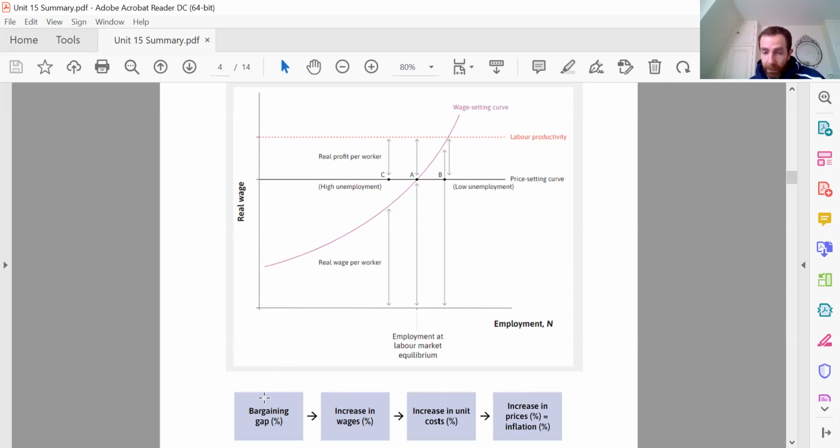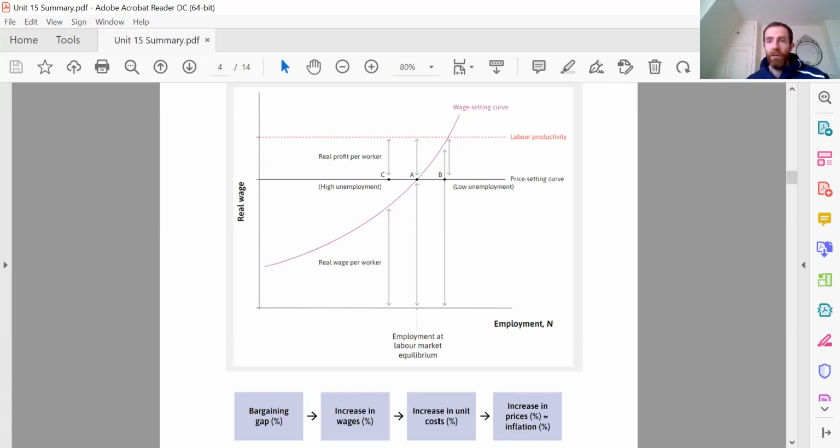So we see a positive bargaining gap leads to higher wages, which leads to higher unit costs, and that will lead the firm to increase their prices and we get inflation. Whereas if there's a negative bargaining gap, firms can get away with decreasing wages, that lowers their costs, and that means they can pass that on and decrease prices, and we would get deflation.